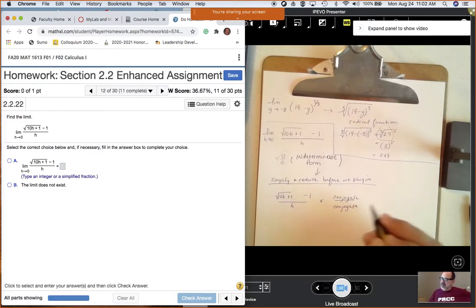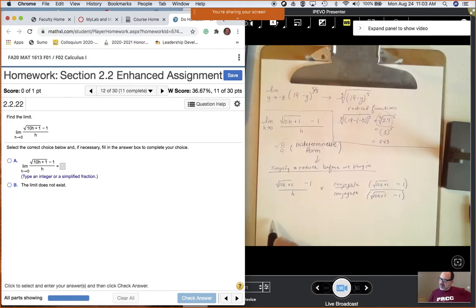So the conjugate of the numerator would be the square root of 10h plus 1 plus 1. Of course, if you do it to the top, you've got to do it to the bottom the same way. When I FOIL the top, I'll get 10h plus 1 times 10h plus 1. Oh, you know what? I wrote my conjugate wrong. There was a minus in the original problem. There needs to be a plus in the conjugate.